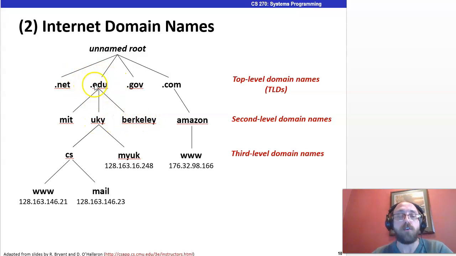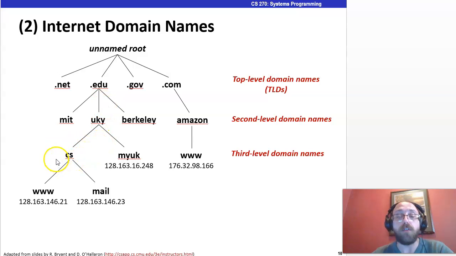The server or servers for .edu know how to look up MIT, UKY, Berkeley, and forward requests onto DNS servers for those domains. So UKY itself has a DNS server, which is able to look up addresses for many things within UKY. So myuk.uky.edu, for example.